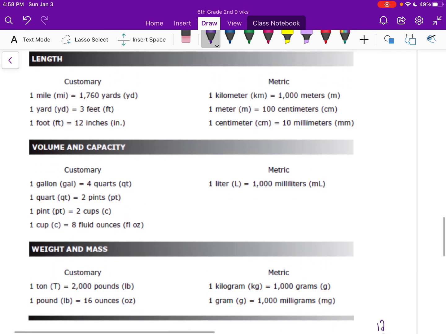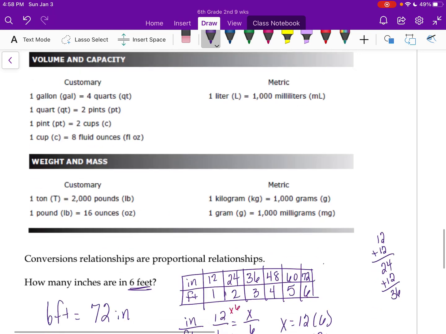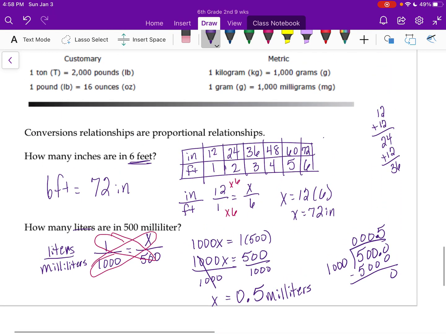You don't have to set up a proportion, but if you get confused and you're like, oh, I don't know, should I multiply or divide? Then absolutely set up the proportion, and the proportion will tell you. So here, the proportion told us to multiply 12 times 6 to get our answer. And here, the proportion told us we would have to divide 500 by 1,000 to get our answer. So proportions can be really helpful with that.